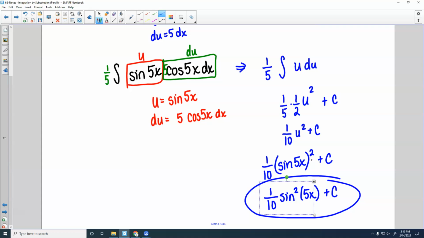What's weird about this is you get a very different answer if you let u be cosine, because you're plugging cosine back in. So you end up with an answer that's like cosine based. Now you could use trig identities and turn one into the other. So they are still equivalent, but they look a lot different there.